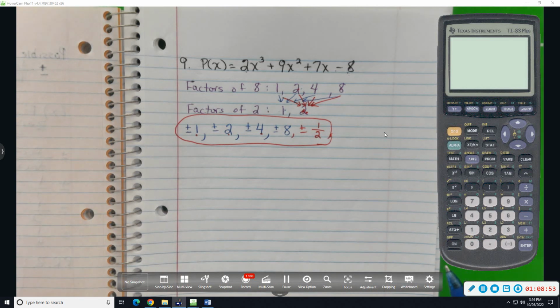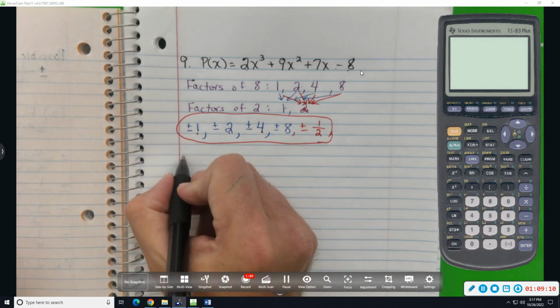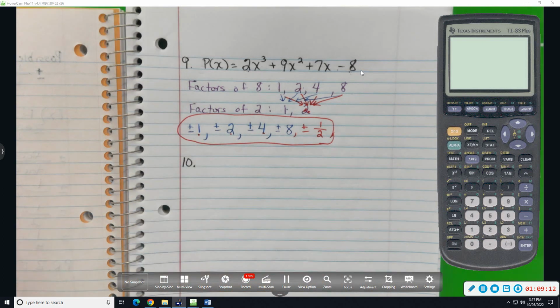If you get a 0, great. Or you could just take the 1, plug it in. Does that equal 0? Let's see. 2 plus 9, 11. It does not. Or you could just start going through this list until you find a number that makes that polynomial equal 0. And at that point, use synthetic division to break it down the rest of the way.